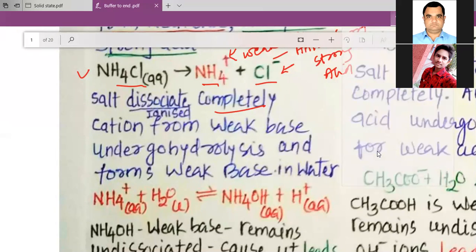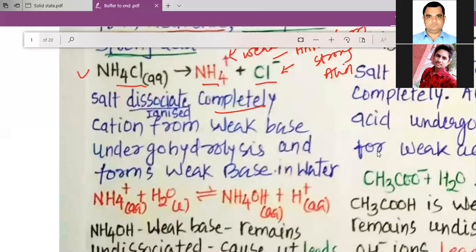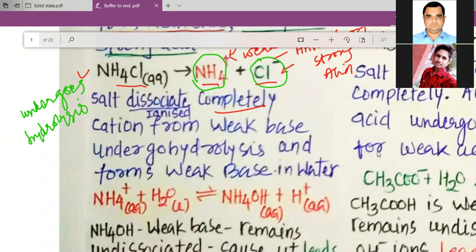Please remember, my dear students, that this cation undergoes hydrolysis. But remember, this Cl minus, which is the anion from strong acid, does not undergo hydrolysis.